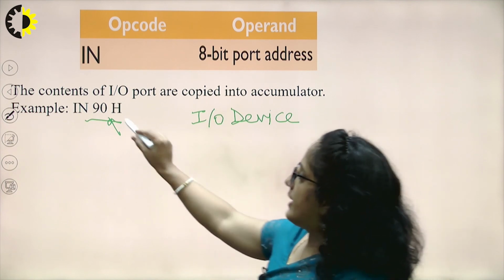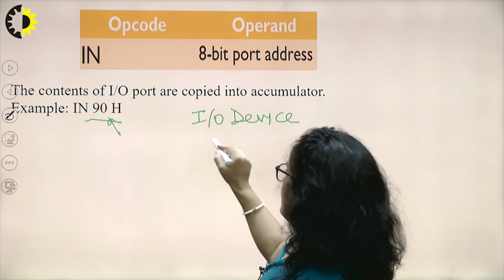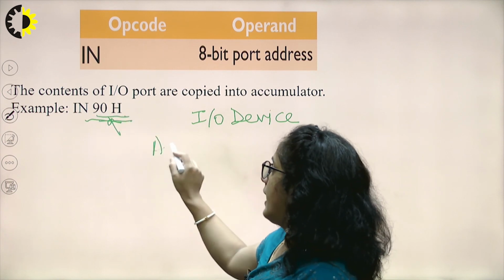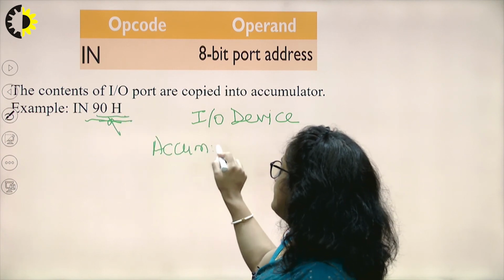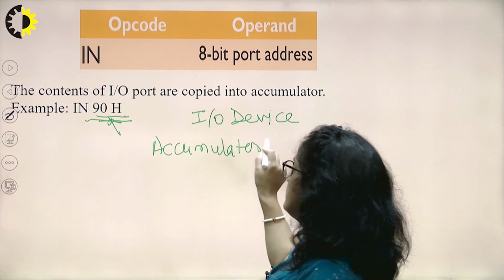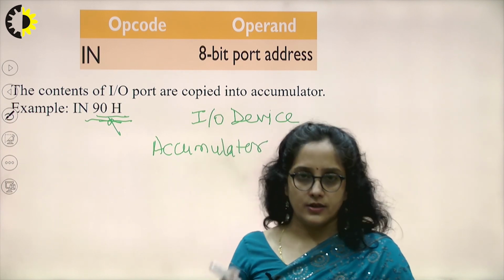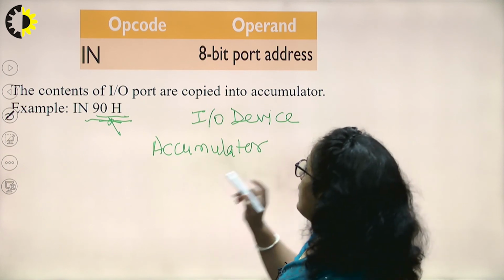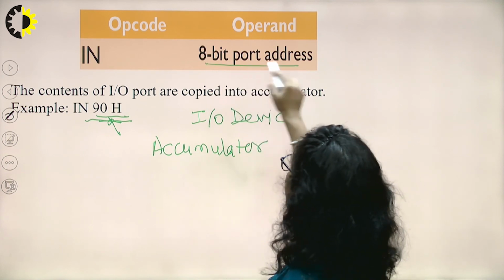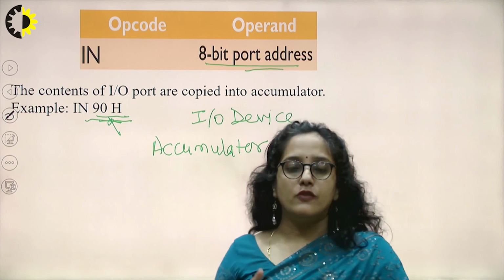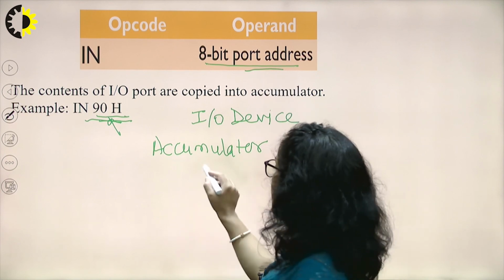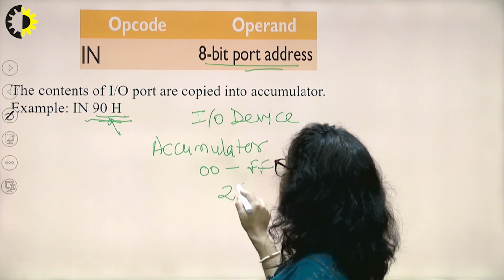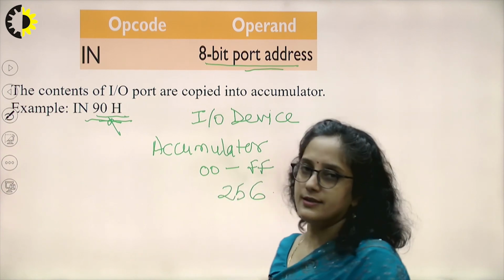So in IN 90H, the content of 90H will be stored in the accumulator. Okay, 90 is the port address. The content of that particular port address gets stored in the accumulator, and you can see it is written as an 8-bit address. So the address is always between 00 and FF. So we can access 256 input output devices.